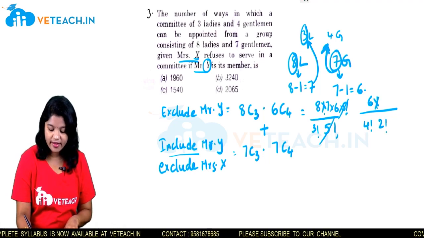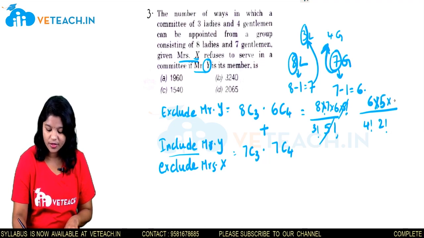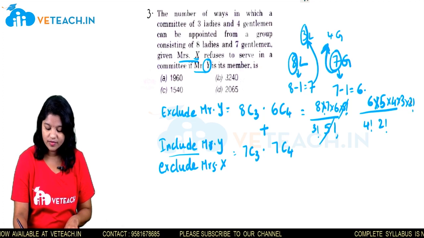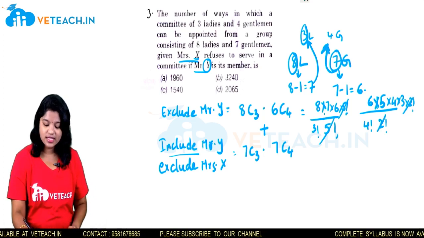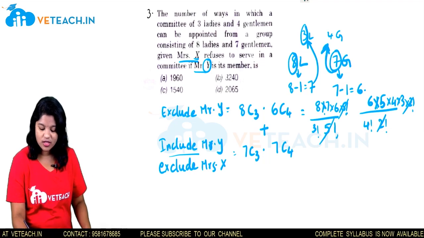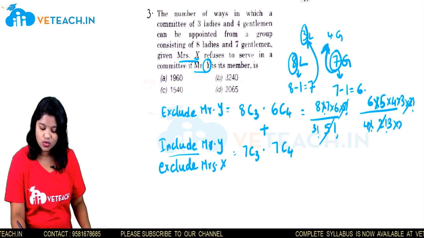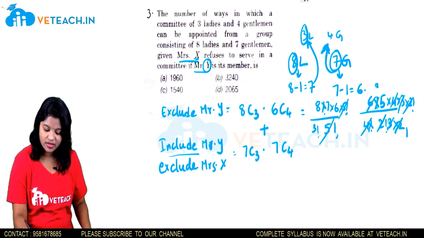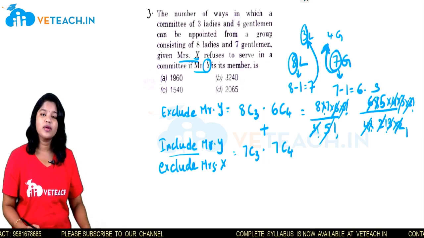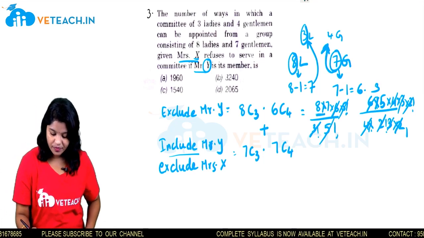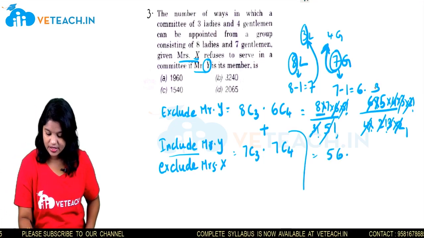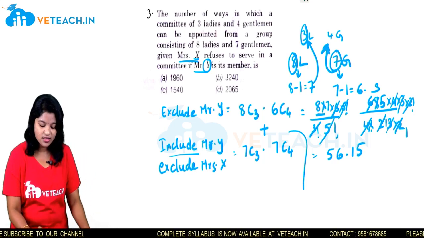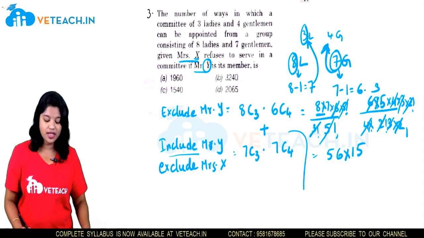So 6 factorial I can rewrite as 6 into 5 into 4 into 3 into 2 factorial. 2 factorial gets cancelled. Here 4 factorial means 4 into 3 into 2. So 3 gets cancelled, 4 gets cancelled. Here 1 time, 3 times. 3 factorial is nothing but 6. So it will become 56 into 15 ways. Leave it as it is, 56 into 15.